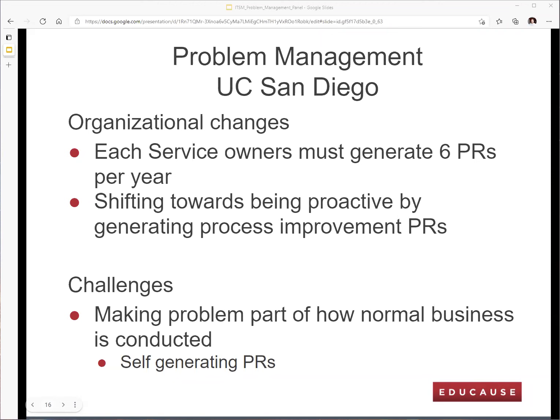ITSM problem management came first because that was sort of the module. Well, we actually evolved out of an older ticketing system into ServiceNow, but even that older system had an ITSM sort of background to it. So that came first.